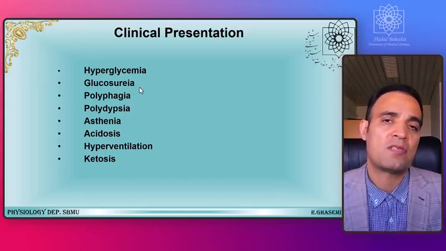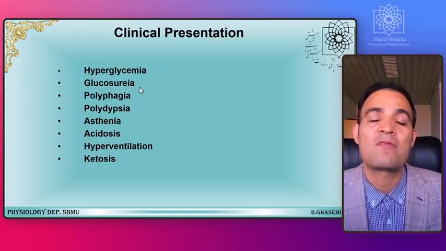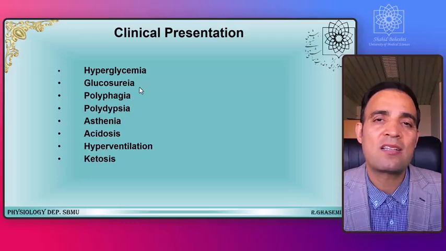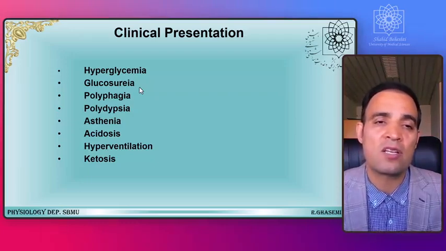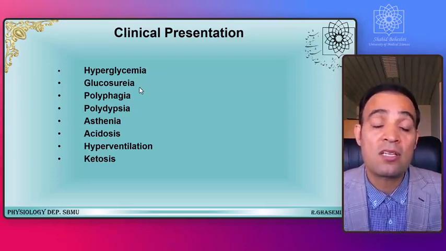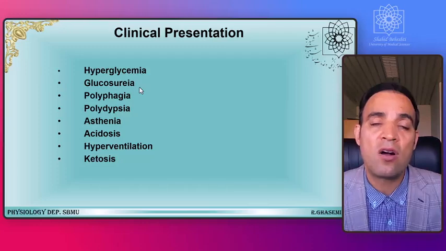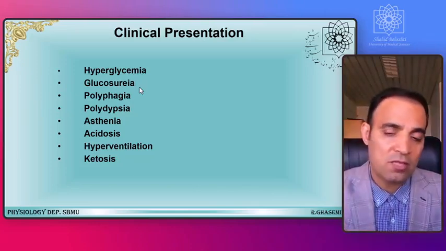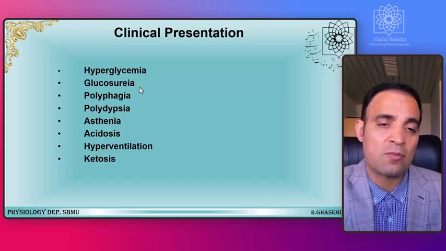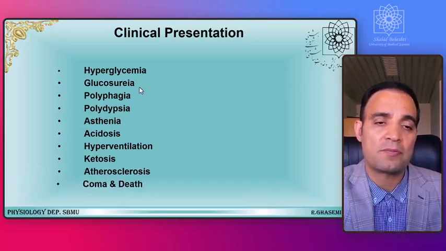Polyphagia, because, in fact, I can say that cells are hungry even in the presence of high glucose. Polydipsia, drinking water, because all the time they are losing water in the urine, and some other symptoms that you can see here.